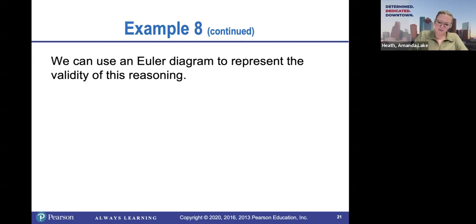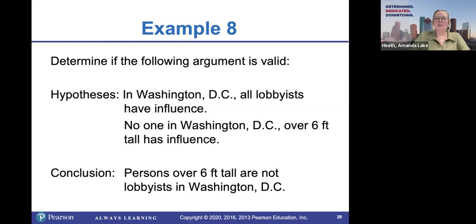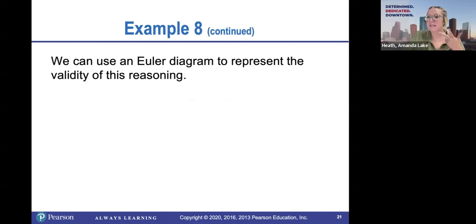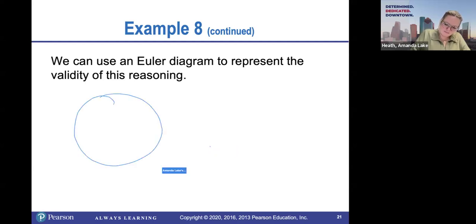If I start my Euler diagram, again, I want to talk about the lobbyists, the people who have influence, and the people over 6 feet tall. Those are my sets. So if I think about the people in Washington, D.C. who have influence, these are the people who have influence.